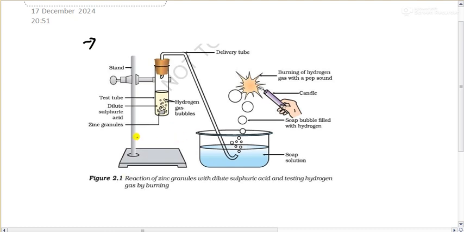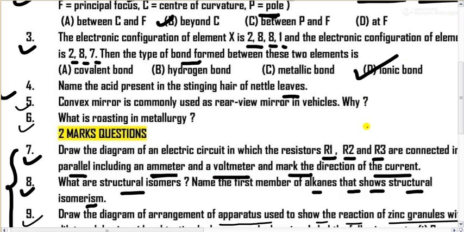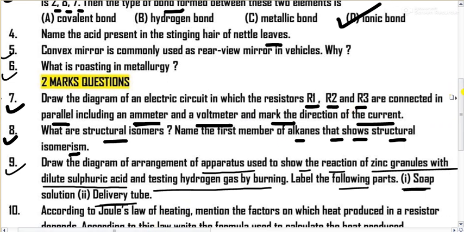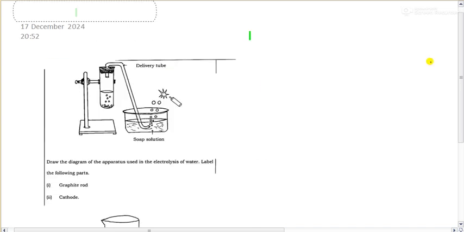No need of doing coloring and all. You have to just mark what they have asked: soap solution and delivery tube. Even if you write like this, you'll get full marks.